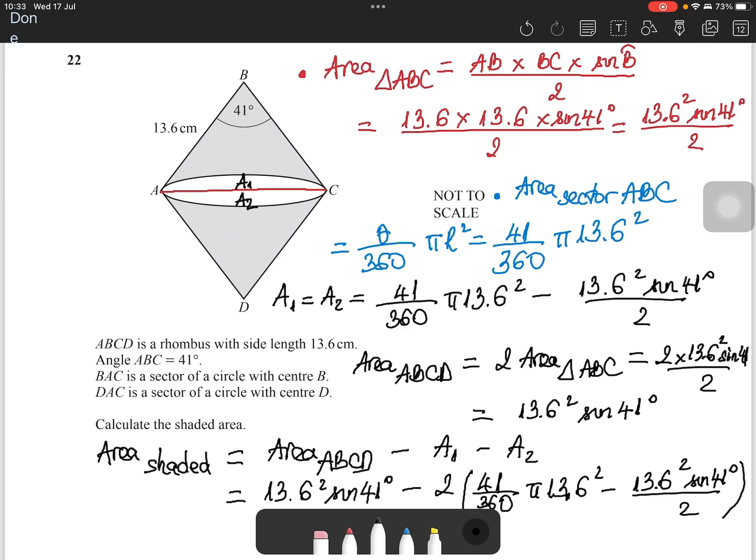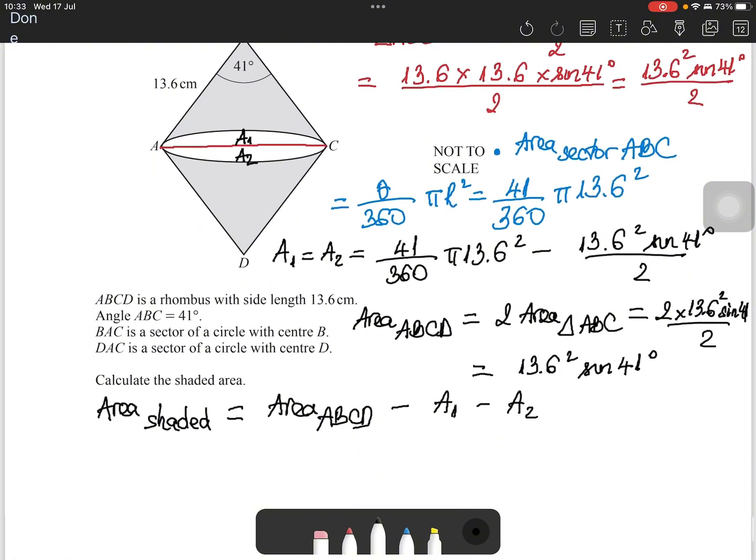So the final answer for this is 110 square centimeters.